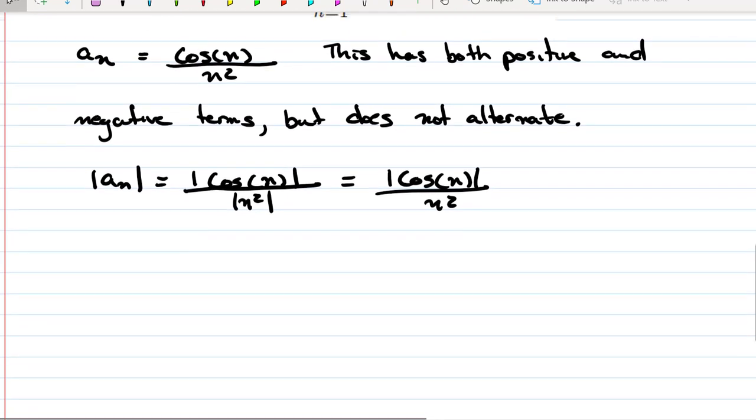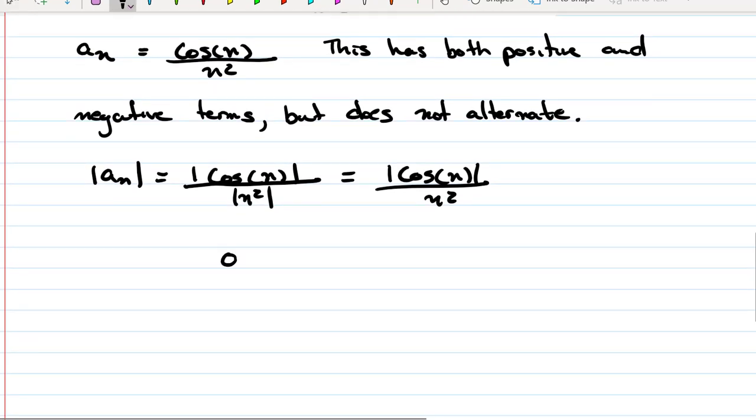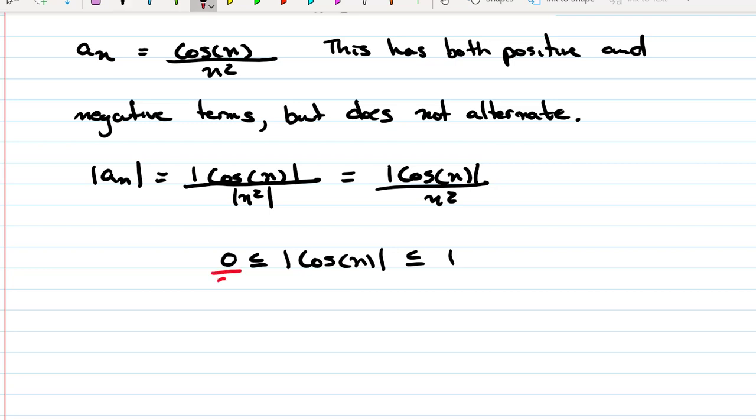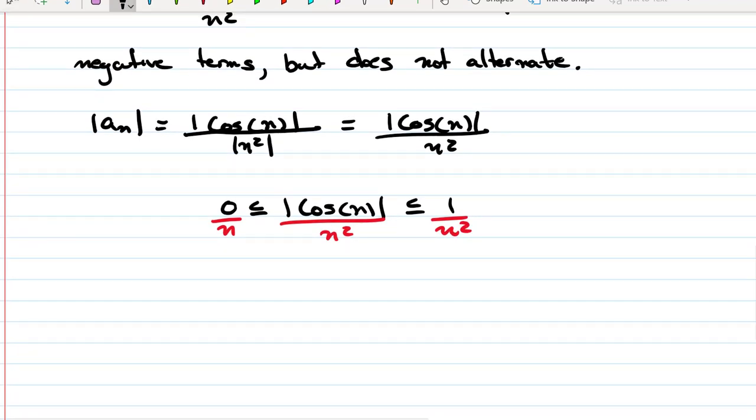We make a couple of observations: 0 is less than or equal to the absolute value of cosine n, which is always less than or equal to 1. Dividing this inequality by n squared yields the following relationship: 0 is less than or equal to the absolute value of cosine n all over n squared, which is less than or equal to 1 over n squared.